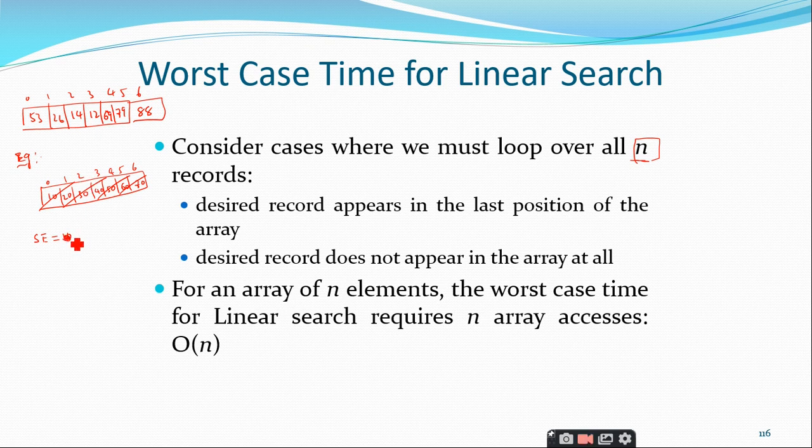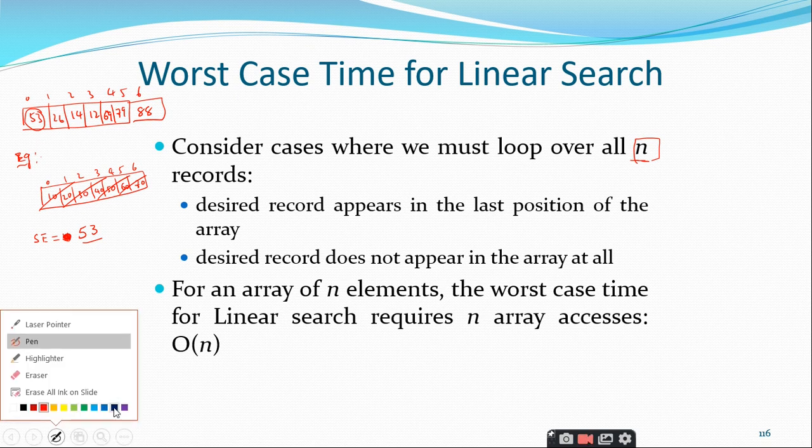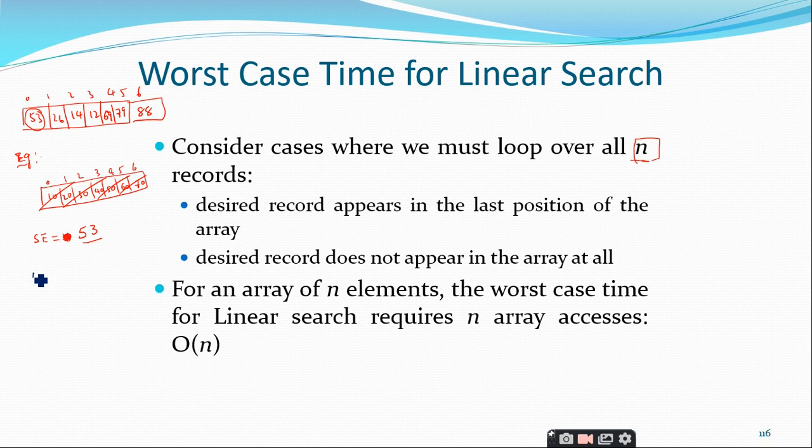And let the user give the search element as 53. According to the linear search algorithm, it will take the search element and compare it with the first element. So 53 compared with the first element of the array, that is 53. Since they are matching, you can simply throw a message that element found.